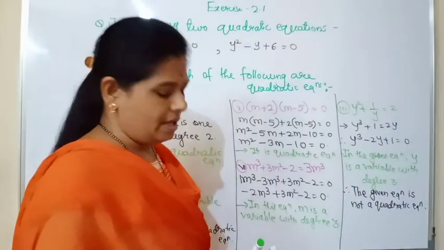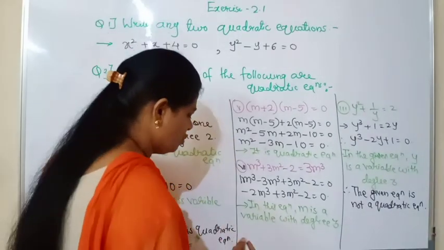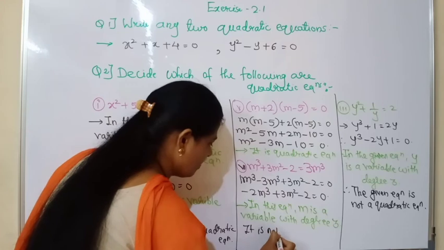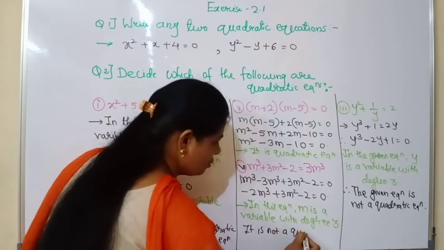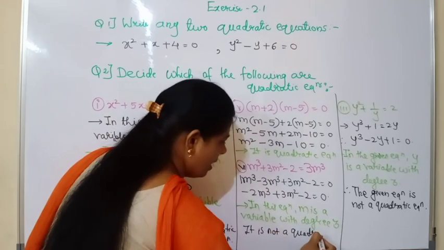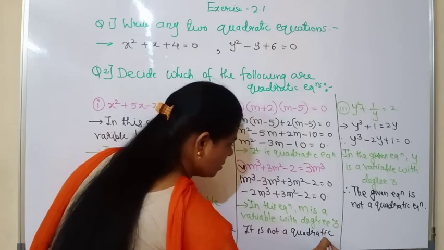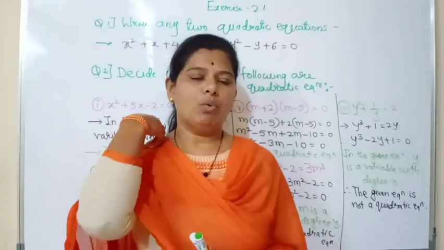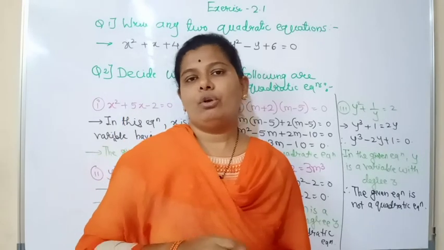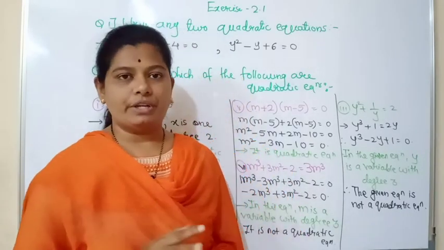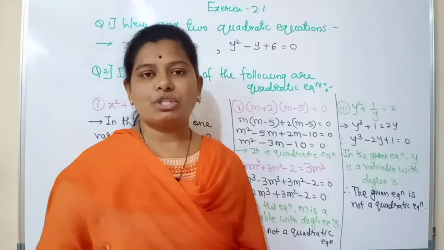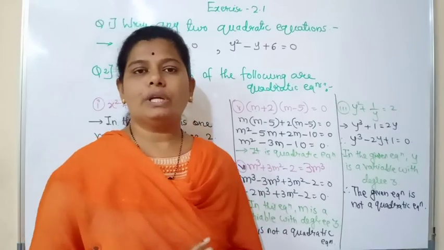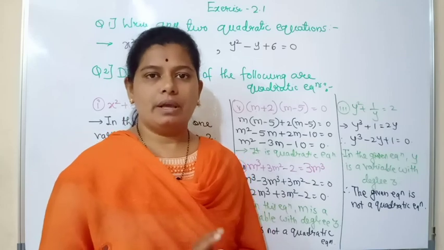Okay, so as there is degree 3, it is not a quadratic equation. Okay, very important. Whatever the statements are there, you have to write the statements every time. You have to arrange the equations properly, and then you have to solve. Then only you will get full marks in this example.